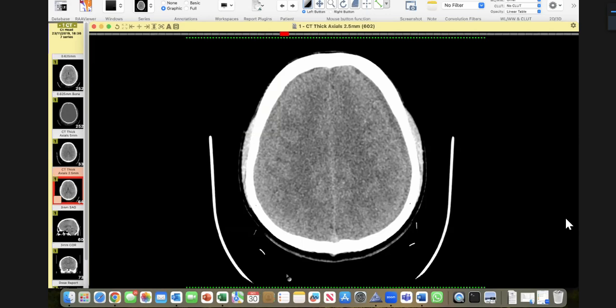Because the veins are more compliant, they will dilate, particularly in the dura. So it's a misnomer that there is dural thickening. Actually, the veins inside have become engorged. And then these leaky veins can cause subdural hygroma. Hygroma is water. It's not a bleed.